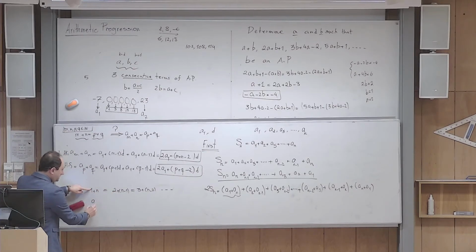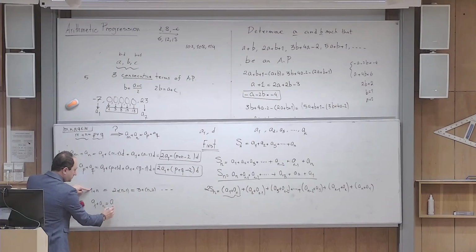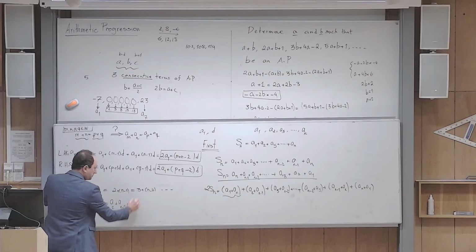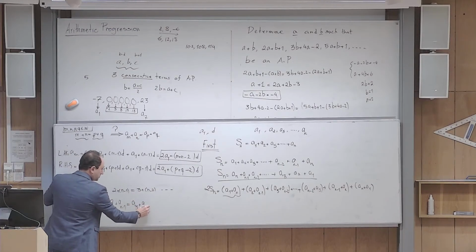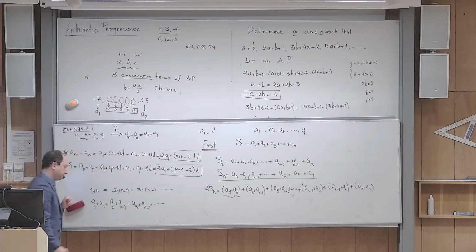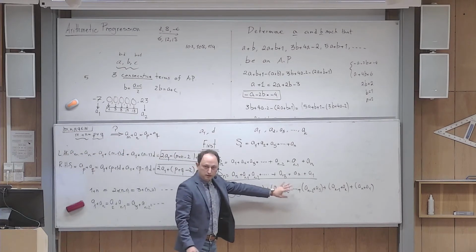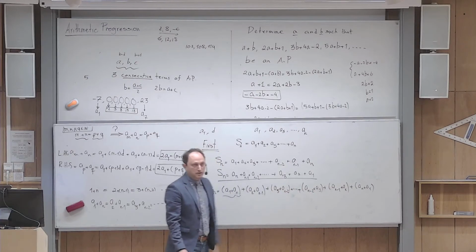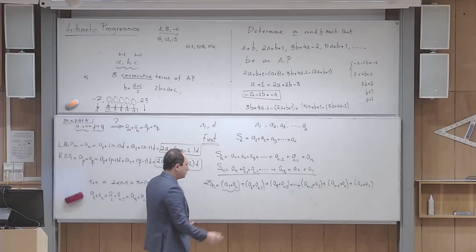So this means a sub 1 plus a sub n is equal to a sub 2 plus a sub n minus 1 is equal to a sub 3 plus a sub n minus 2, and this list goes forever. So it means that all these numbers are the same number. So what does it mean?